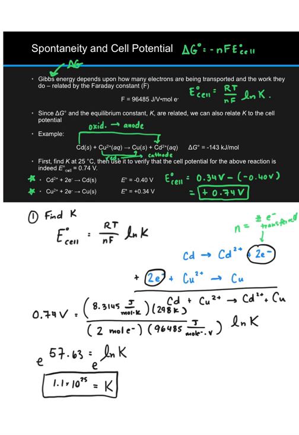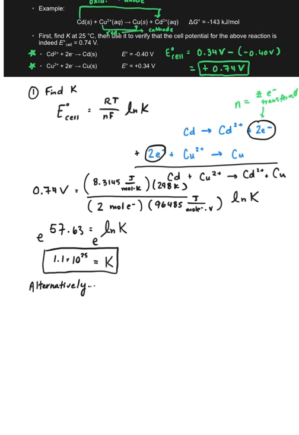We could have alternatively found K through our other equation, one that relates delta G to K from our thermodynamics chapter in chapter 20. So let's do that and verify that we get, for all intents and purposes, the same result. Alternatively, we remember from our discussion of thermodynamics that delta G is equal to negative RT times the ln of K. Delta G is given in this reaction as negative 143 kilojoules per mole, or negative 143,000 joules per mole.